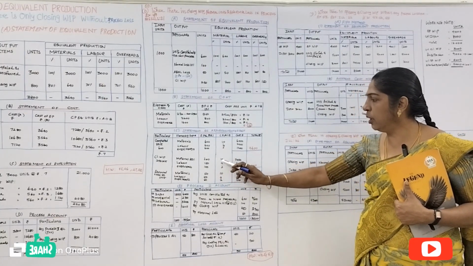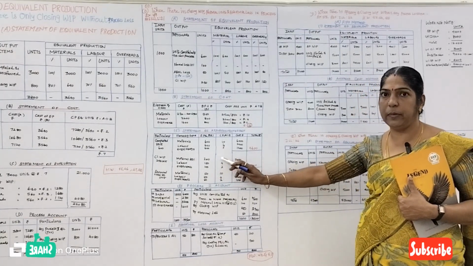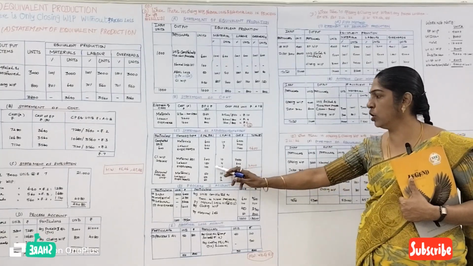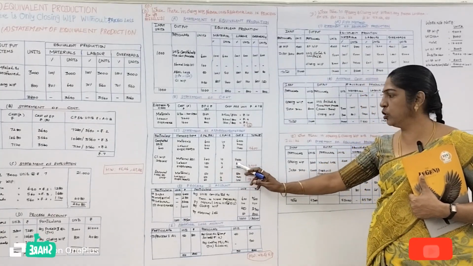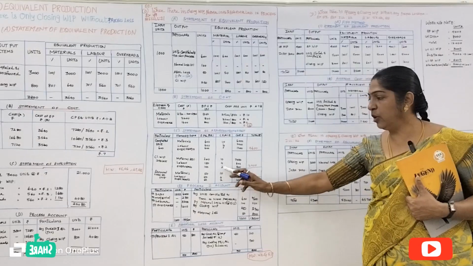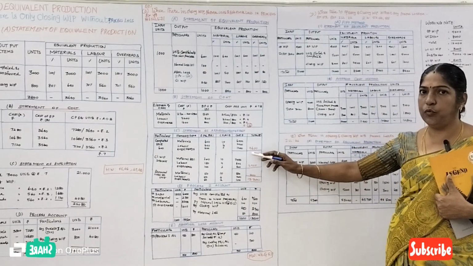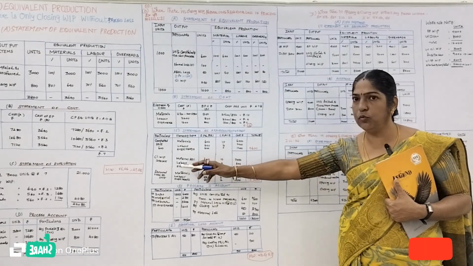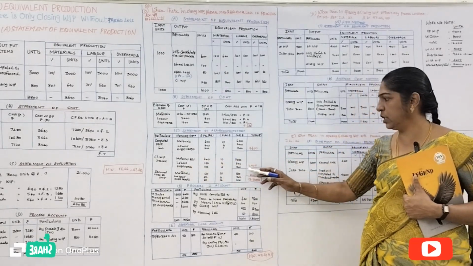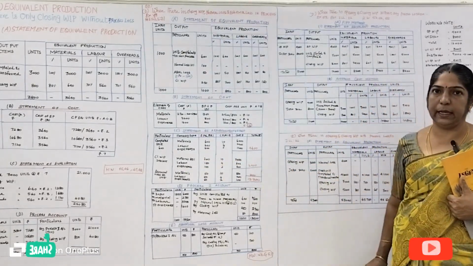After multiplying, 200 multiplied by 10 rupees gives 2,000. 150 multiplied by 4 rupees gives 600. 150 multiplied by 2 gives 300. The total value for closing work in progress of 250 units is 2,900 rupees.